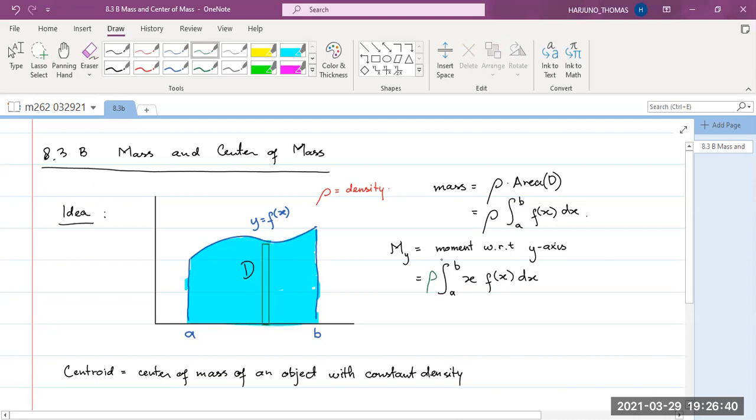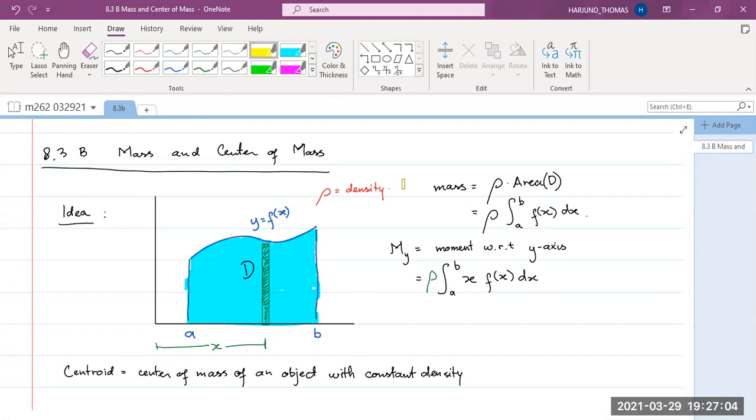Now then, the moment with respect to the y-axis is like: how much weight of this region here, multiplied by the distance from the y-axis? Okay, the mass, I should not call that weight, it's actually the mass.